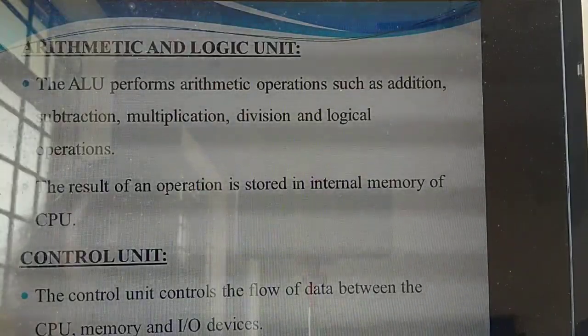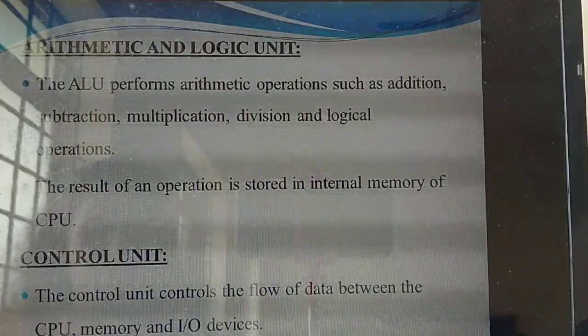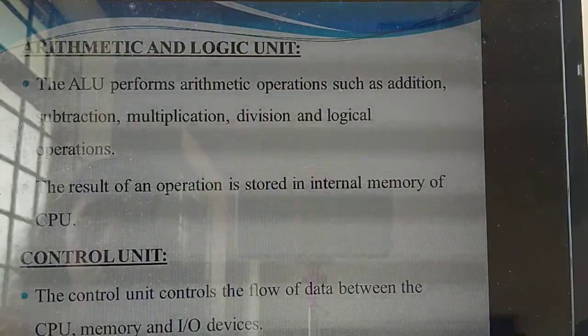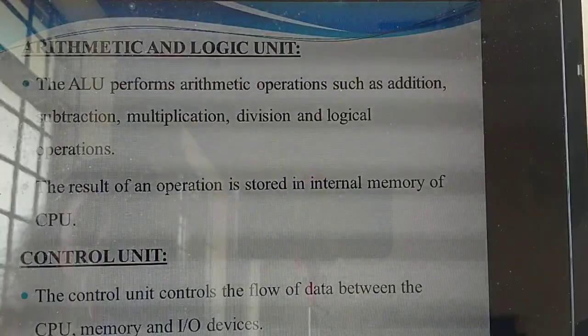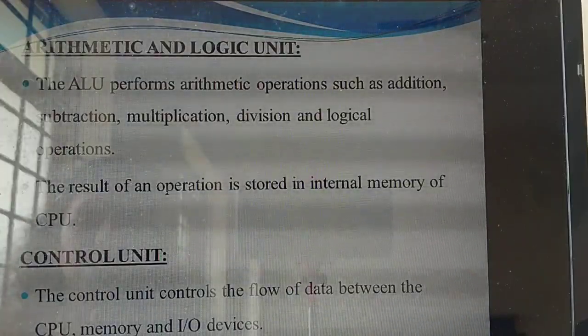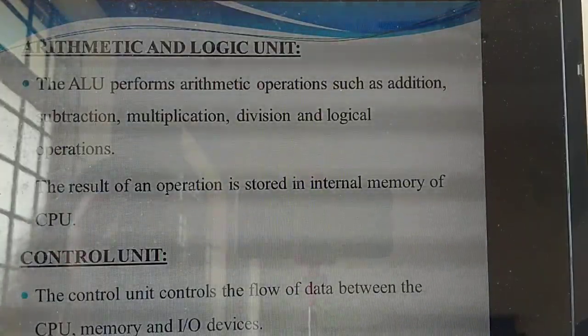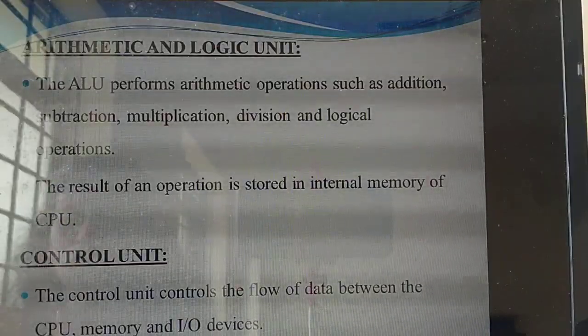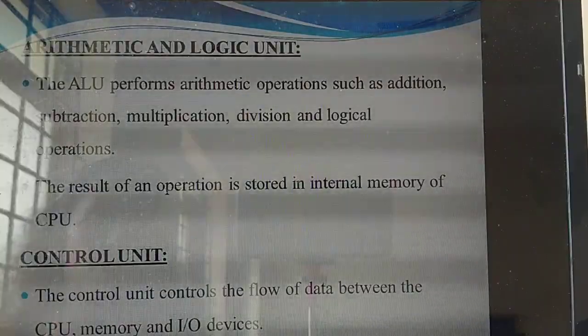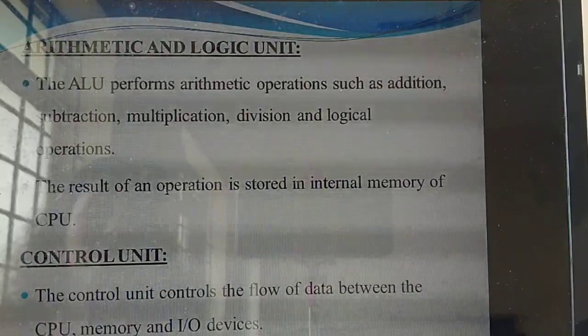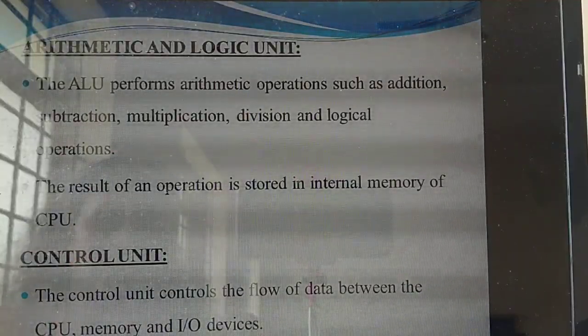So this is performed by the ALU. What's the main purpose of ALU? ALU performs arithmetic operations: addition, subtraction, multiplication, division, and logical operations. If you are going to add, for example, 5 plus 3, what's the result? 8. I need to store this 8 in a particular place. Where?